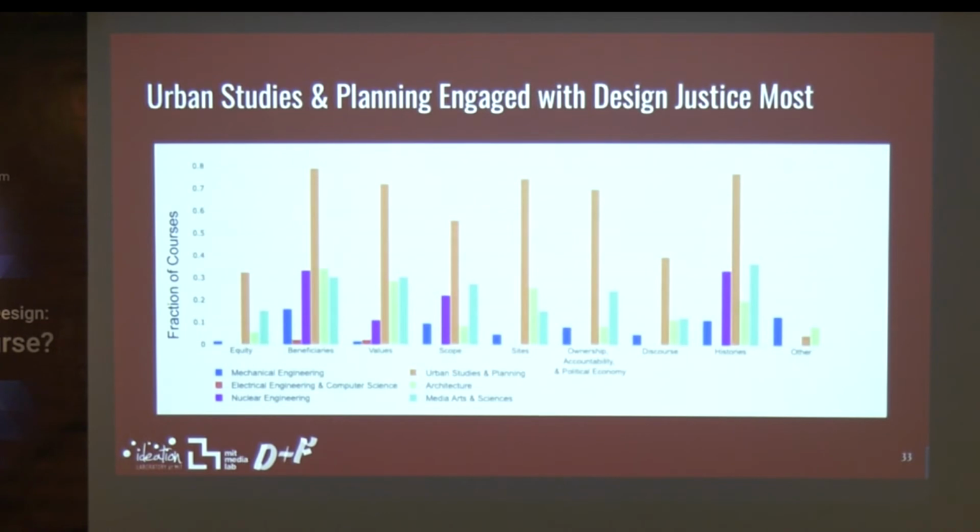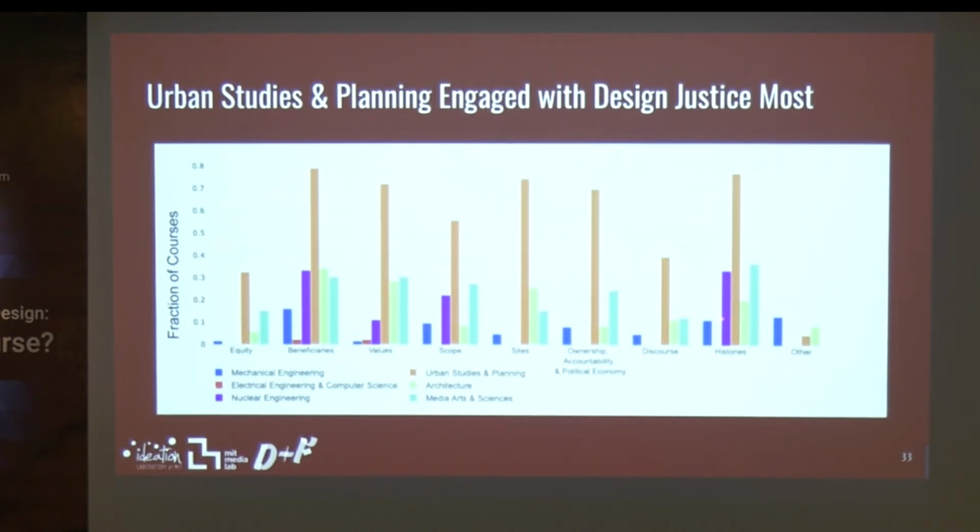Overall, you can see that urban studies and planning by far engage with design justice the most. They are the orange bars here. You can see across the board, every single design justice question, they were looking at strongly. But there are some other interesting things too. You see nuclear engineering has a much bigger focus on histories.